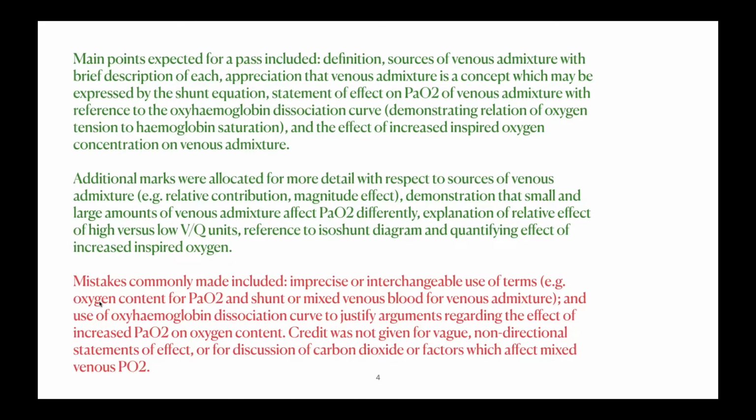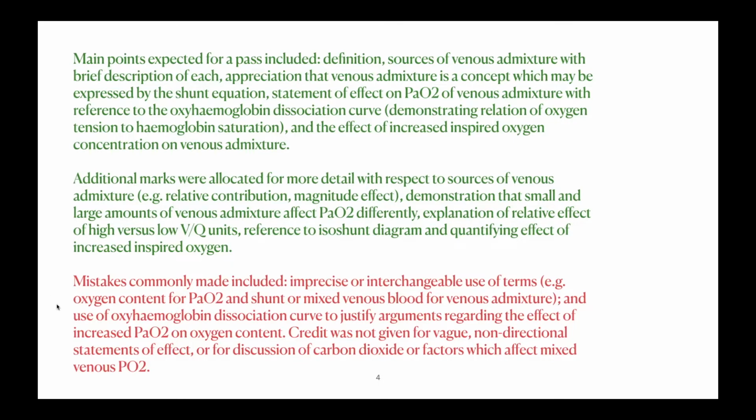Now, mistakes commonly made included imprecise or interchangeable use of terms. For example, oxygen content for partial pressure of oxygen, and shunt or mixed venous blood for venous admixture. And it is very, very common that this occurs.